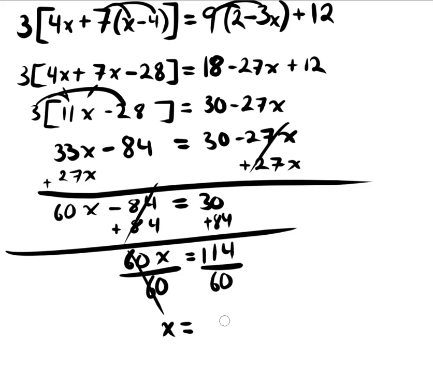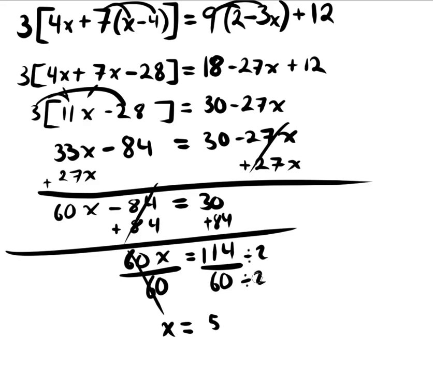half of 114 would be 67, I believe. Is that right? No, that's not. Hold on a sec. 57 actually. So that's going to be 57. What I did is I divided the top and the bottom by 2.